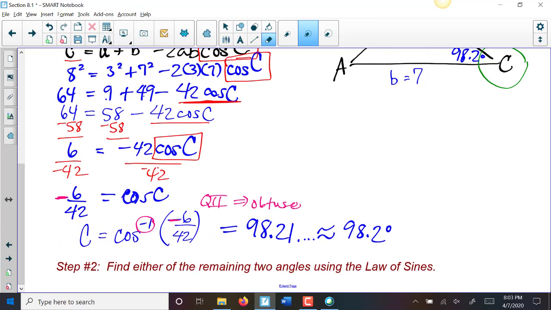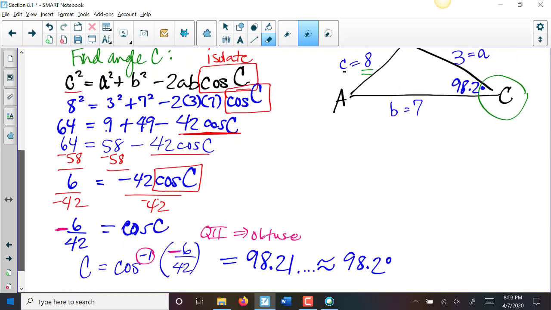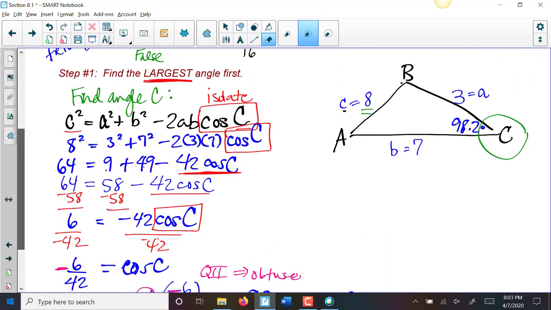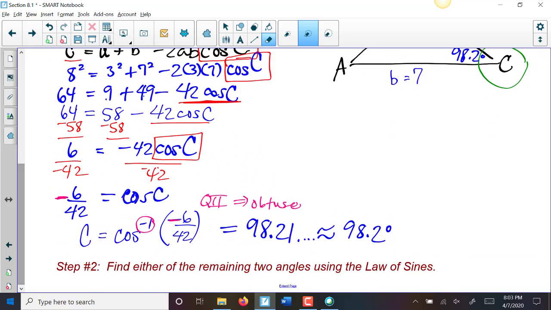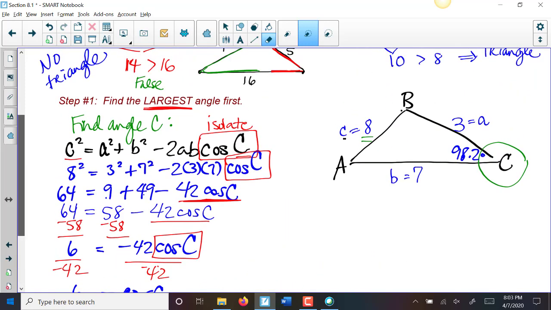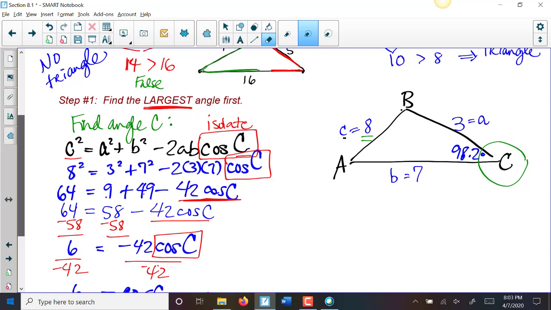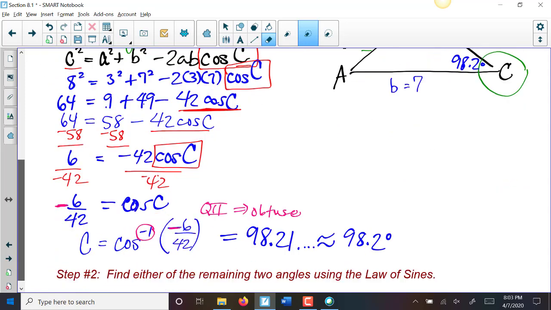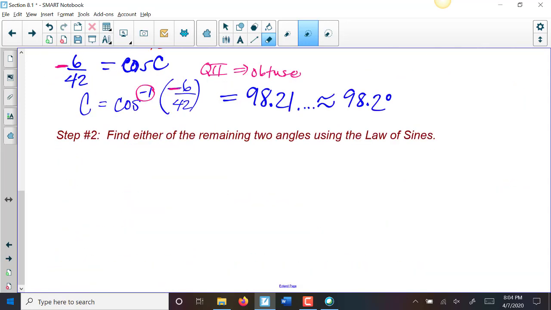Find either of the remaining two angles using the law of sines. It makes no difference, so let's find angle A. We'll set that up.